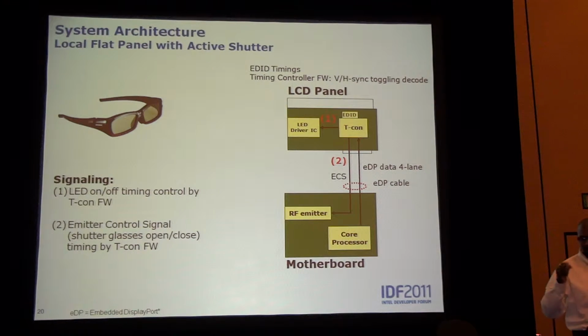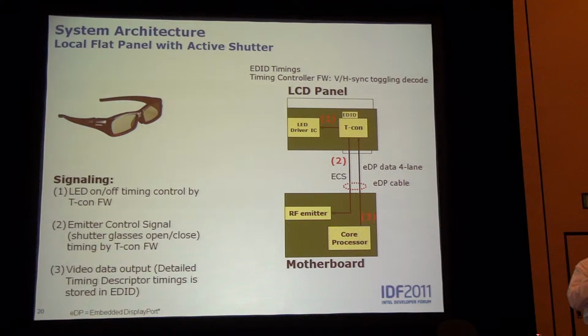That signal is sent from the TCON down to the emitter, preparing to send it out to the active shutter glasses to switch on the left or the right, depending on what frame is coming up next. And then finally, the data is transmitted out. You get a clear viewing experience. Left and right signals are coming out to the glasses just fine, and ultimately you have your viewing experience.